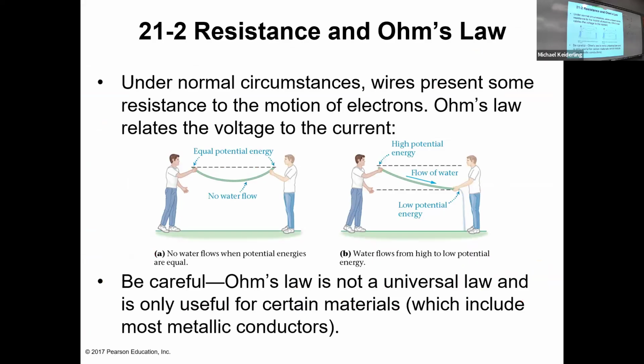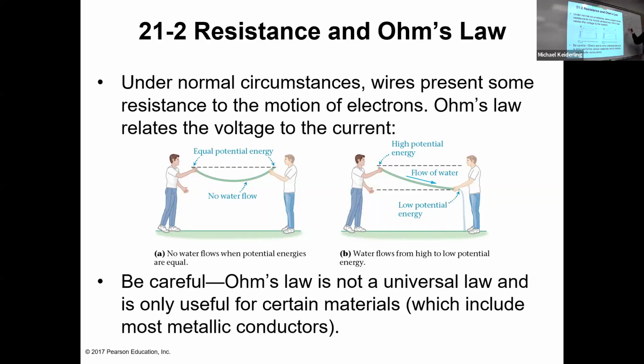So we talked about current and work. Now, under normal circumstances, wires present some sort of resistance to the motion of electrons. They're pushing back against the flow of electrons. And most materials follow what's called Ohm's law.